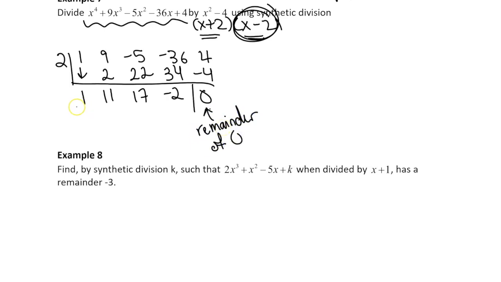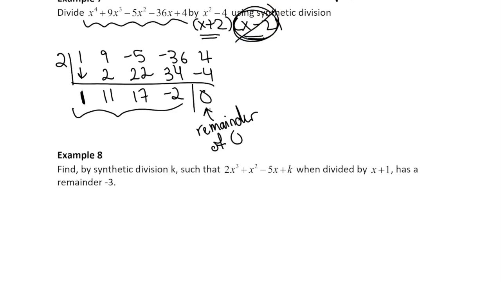Meaning that when we divided by x minus 2, it cleanly equaled something and gave us a remainder of 0. So we're left with, technically here, x cubed plus 11x squared plus 17x minus 2. If you have a remainder of 0, that means that we've cleanly factored out that x minus 2.